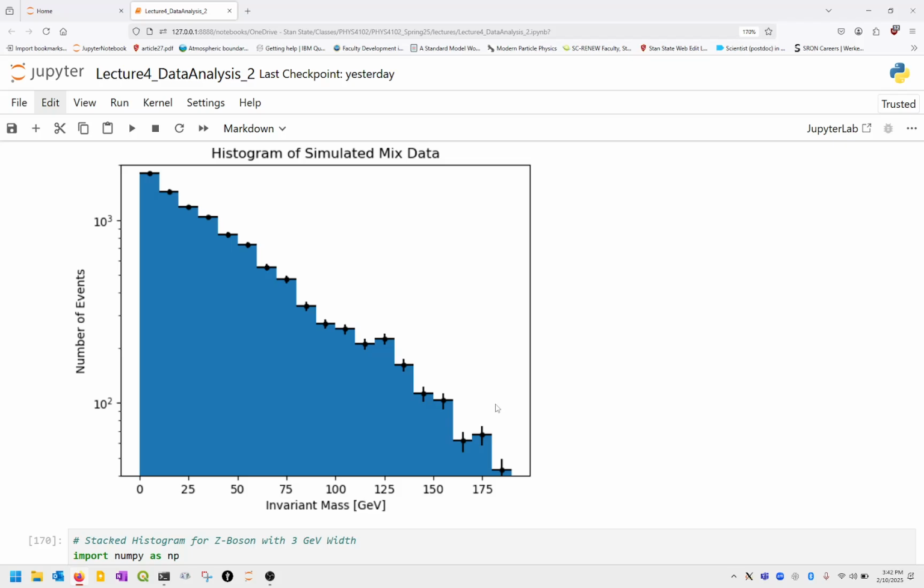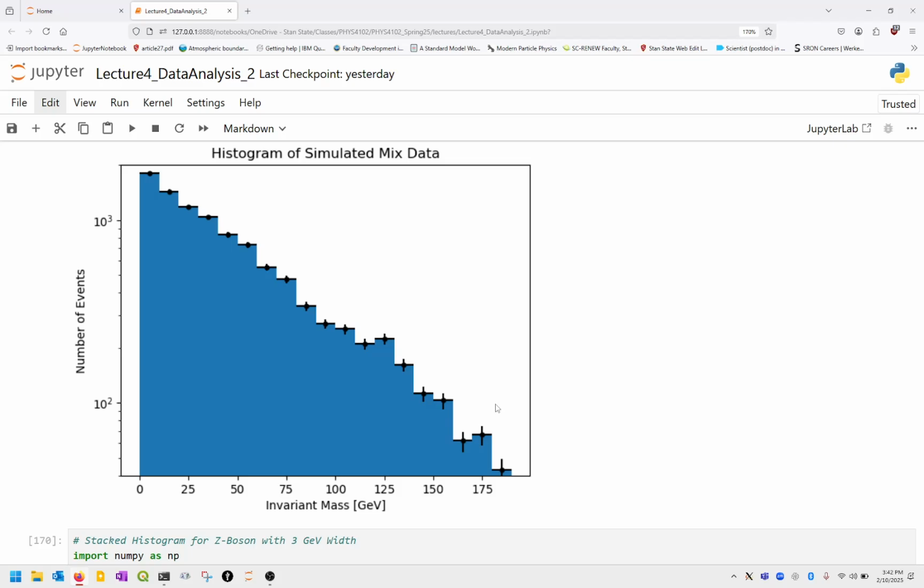So let's stare at where the 125 one is. You notice that the black dot is basically at the same height as the blue histogram. There's no difference. The width, how wide the horizontal bar goes, is the width of the bins.